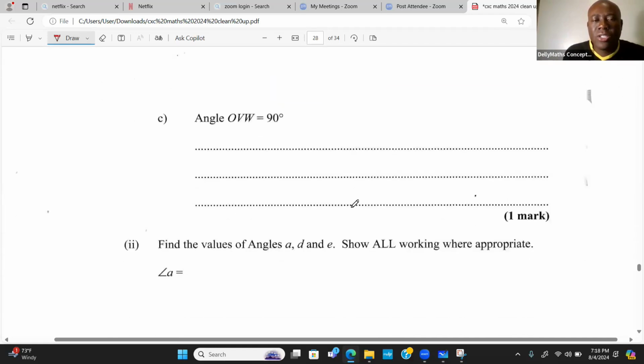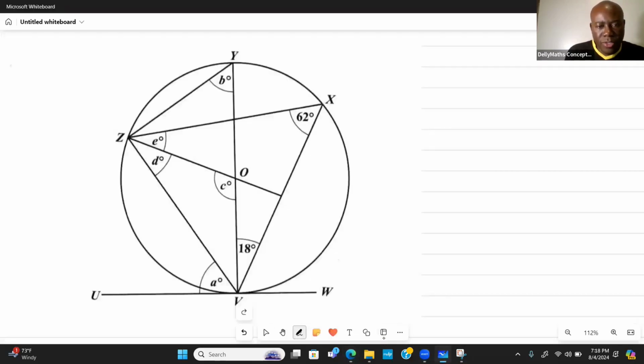All right, let us look at angle OVW. It's 90. Definitely it's 90 degrees, because that's where a radius meets a tangent.